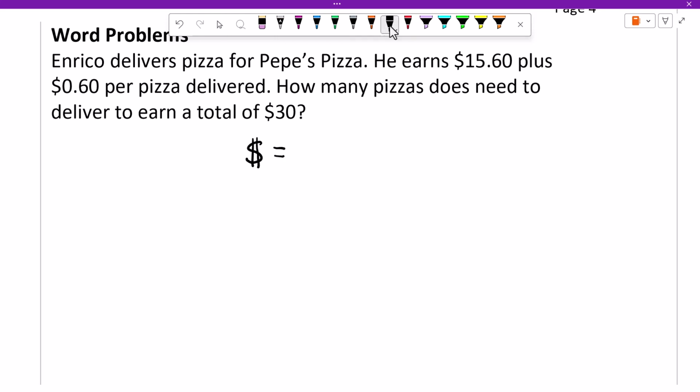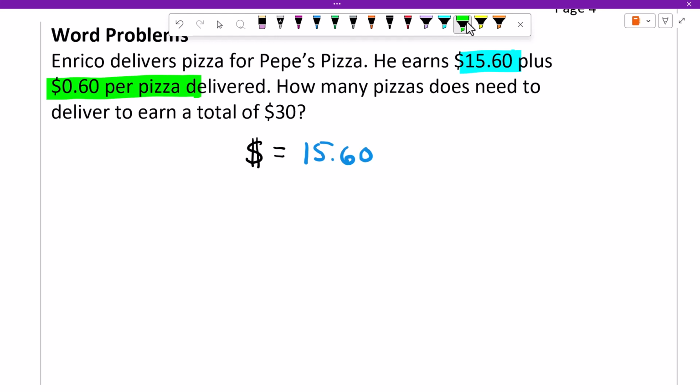So the money he earns, how does he earn money? Well, it comes in two different formats. He gets $15.60 for just showing up. So he gets that. Then he gets money for delivering pizzas, 60 cents for every pizza he delivers.